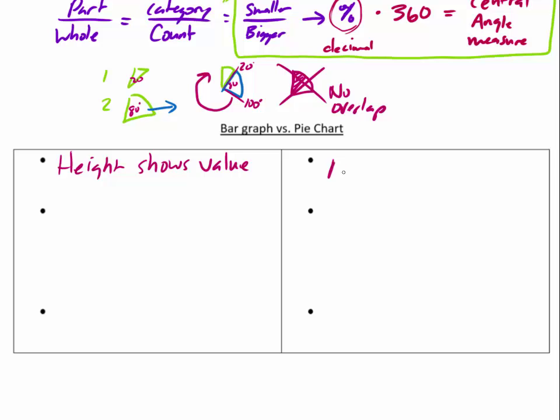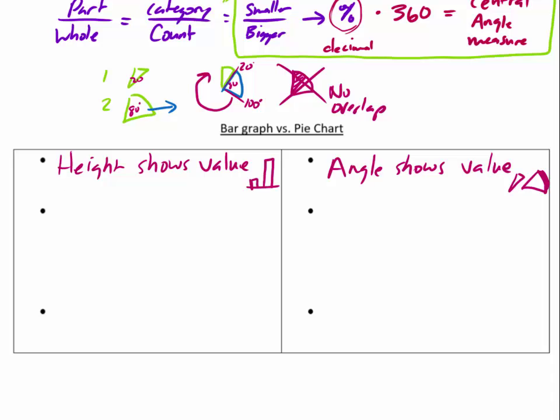This is compared to a pie chart, where the angle shows the value. So, little picture here, a little guy versus a big guy. Here, a little sector versus a big sector. And that's supposed to be the outside of the circle. I'm not a very good circle drawer. So that's the first big difference.